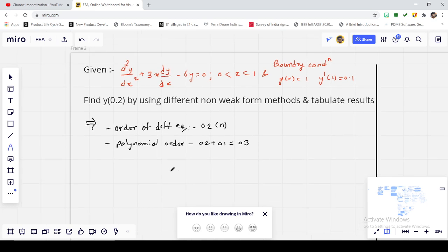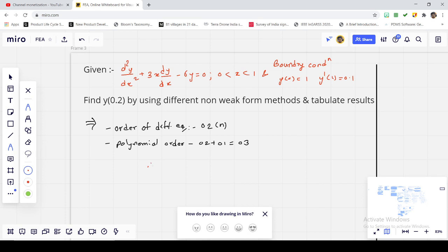Now there are various conditions to assume the polynomial. We will assume the polynomial in such a way that it is a complete polynomial. What do we understand by a complete polynomial? It should have all the orders present in the polynomial. So if I am going for a third order, which is a cube, I should have x raised to 0, x raised to 1, x raised to 2 and x raised to 3, all with positive coefficients. That is what we understand by a complete polynomial.